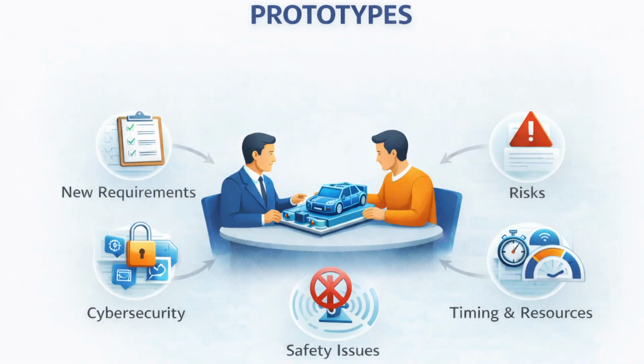Then we have prototypes. These support architectural analysis by providing an early, tangible way to validate design decisions and system behavior. They help identify new requirements, risks, cybersecurity weaknesses, and potential safety issues, while also allowing measurement of timing, resource usage, and interactions between components.